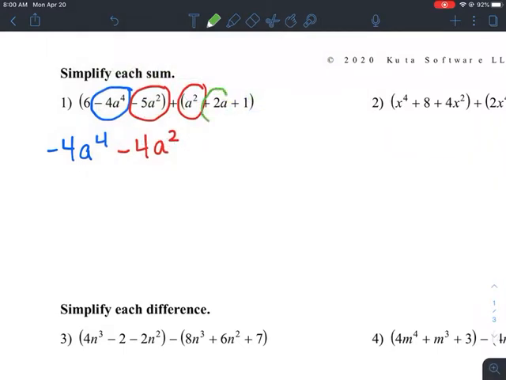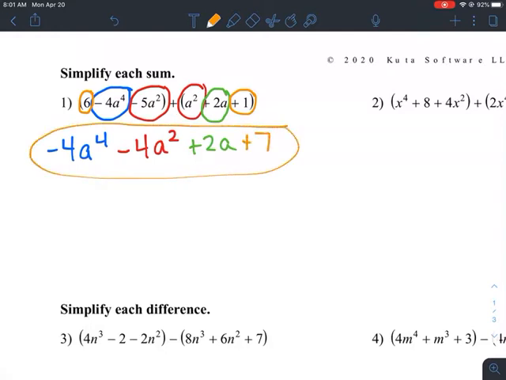Then the next would be an a, but once again that's the only one, so I'm just going to bring that down to a. And then last, I've got my constants, or numbers that are not attached to a variable. I have 6 and positive 1, which when you add together makes 7. That's your final answer. That's all there is to it.